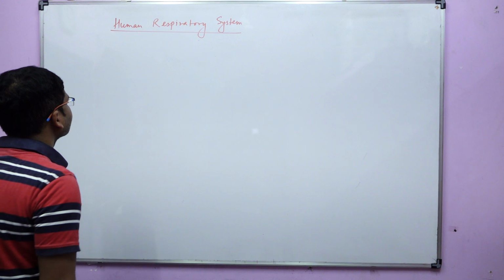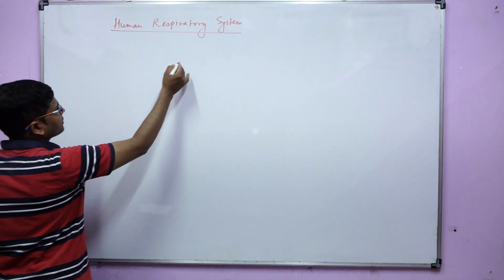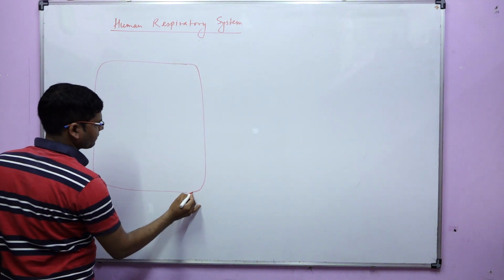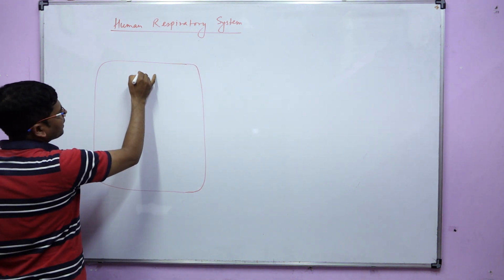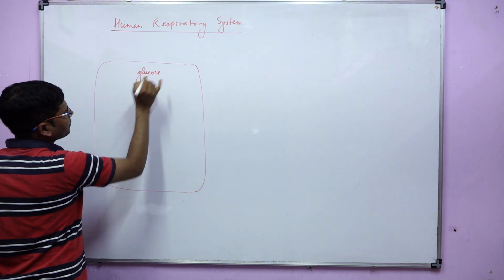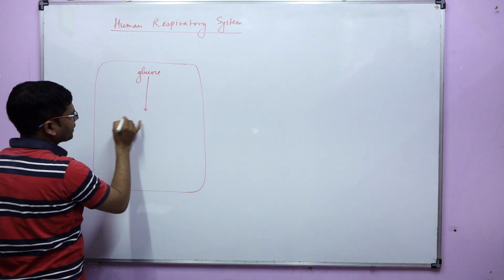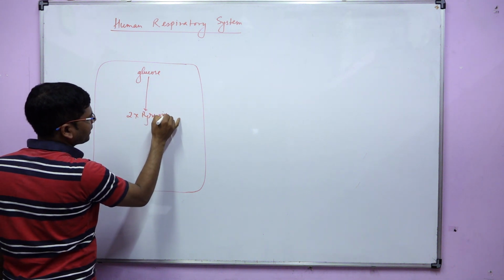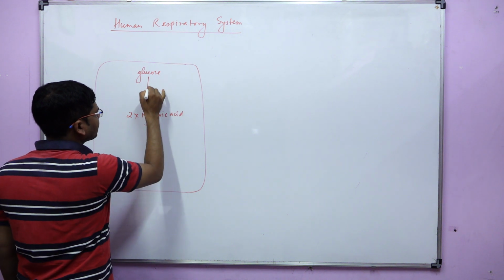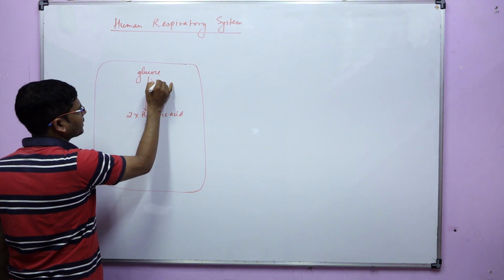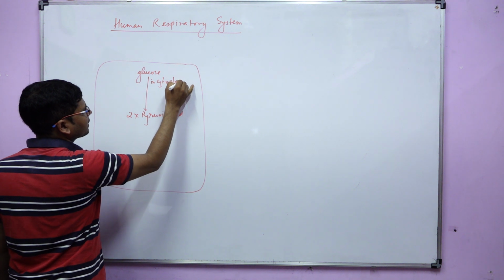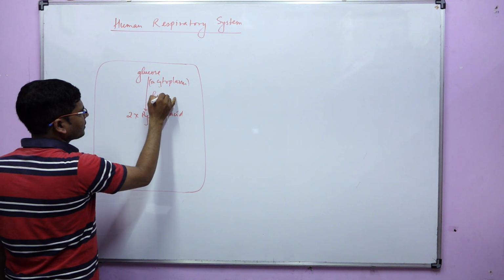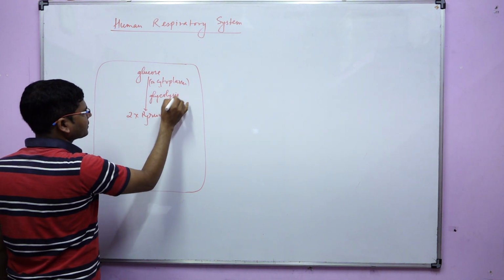Suppose this is our cell and we have a glucose molecule. The glucose molecule gets converted into two molecules of pyruvic acid, and this process happens in the cytoplasm of the cell. This process is called glycolysis.